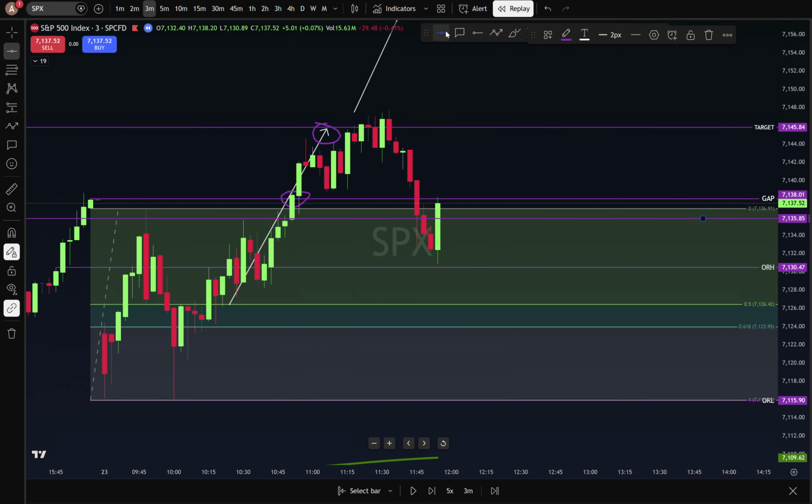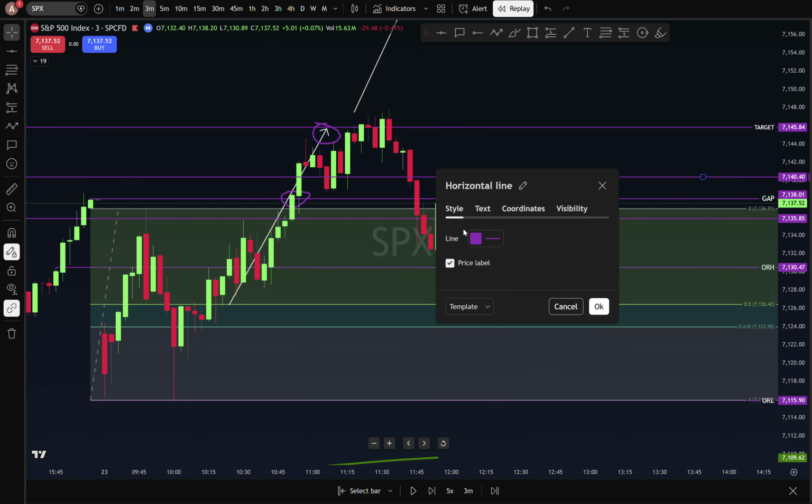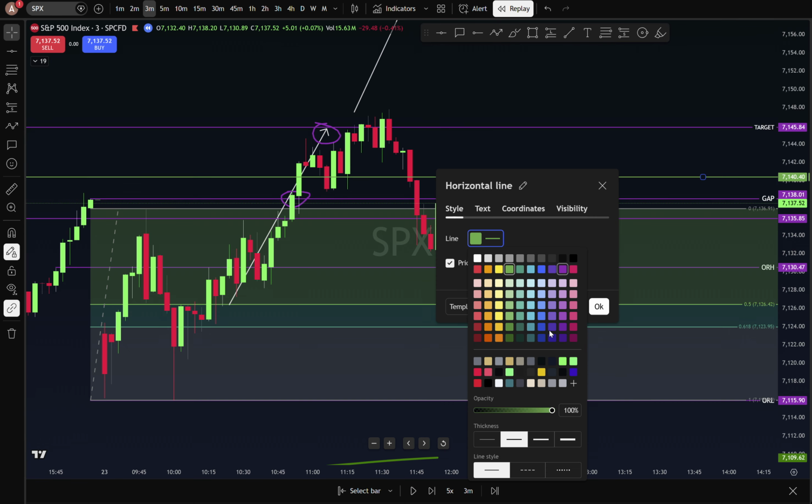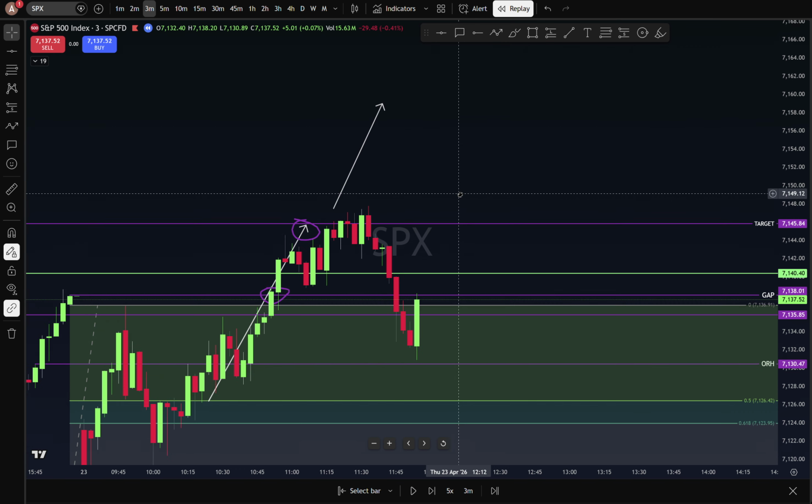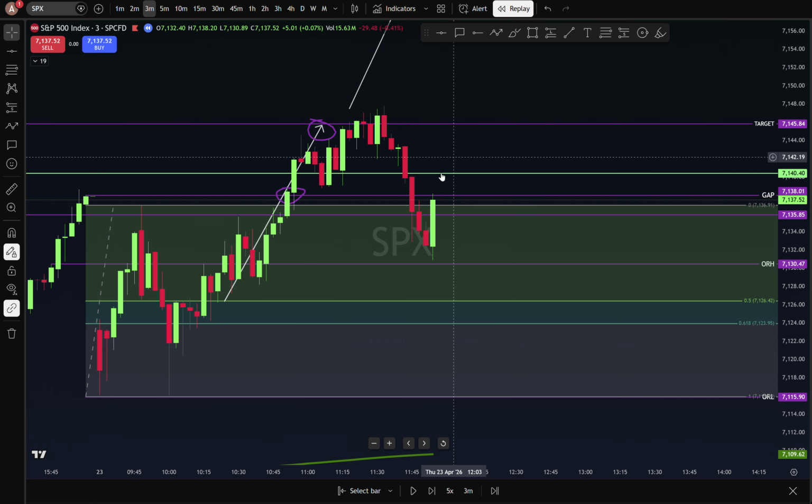So let's mark this 40 as well, and let's change the color to green. Okay, so now it says above here and then above here, and then it gets here, then we are good for the pump. If not, the battle is gonna be between this level and this level, and if this level loses 71.30, then it's gonna dip again.